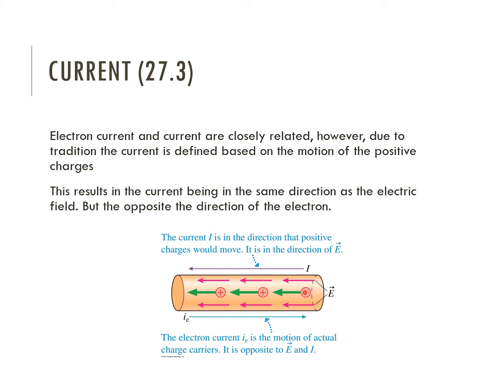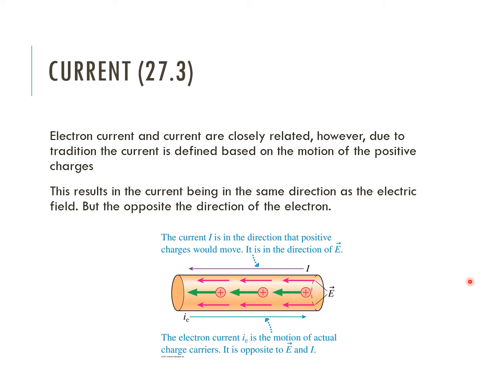And we have the positive charges moving to the left, that is creating the conventional current, which is drawn on the top here. So if you know the direction of the electric field, you can find the direction of the conventional current. They're in the same direction. And to find the direction of the electron current, you just flip the direction.